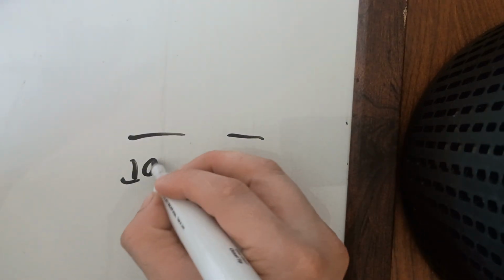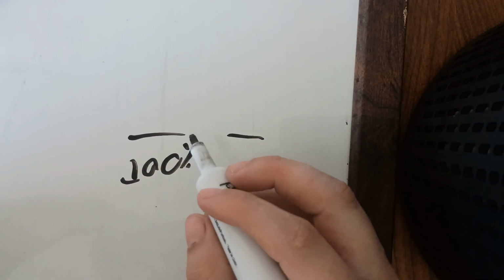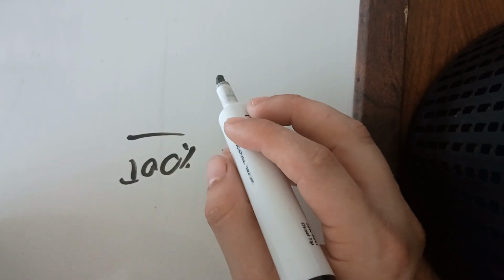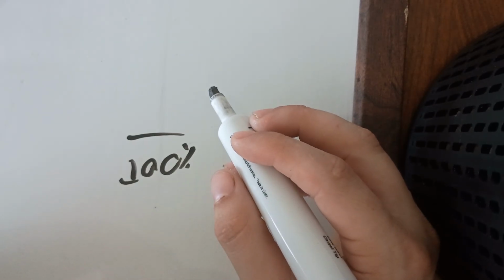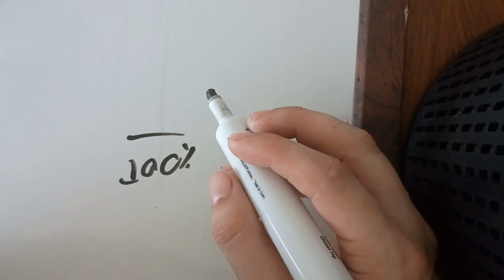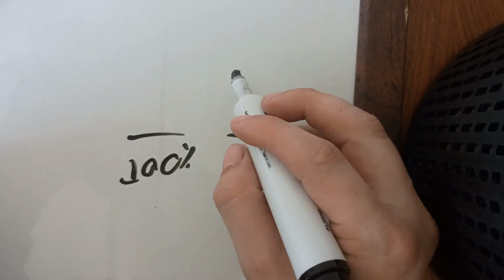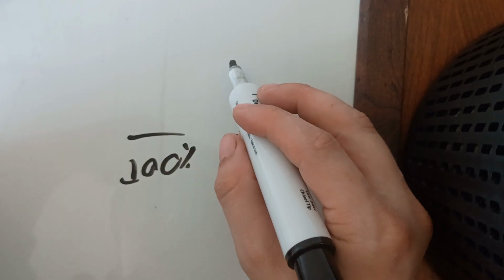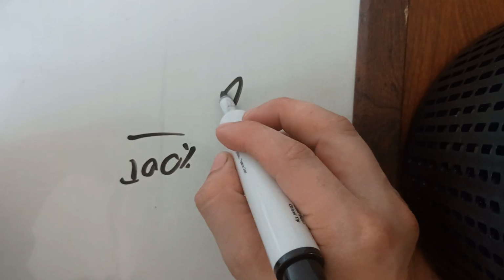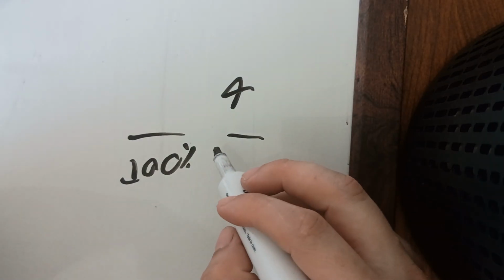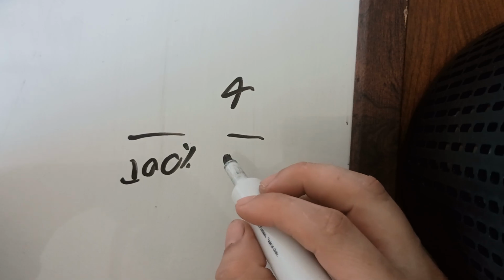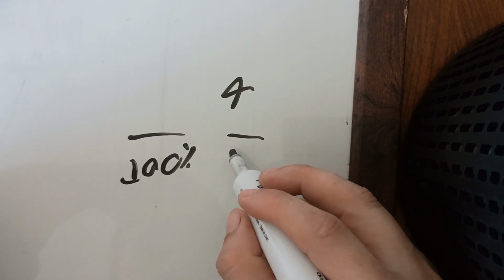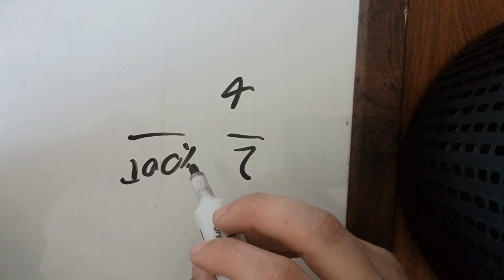Let's try the same method again. If we have always 100, and we have two actual numbers, why not do a really small one? If I biologically made 4 kids and I remarried a woman and she already had, what is that, 3, then I now technically have 7 kids.